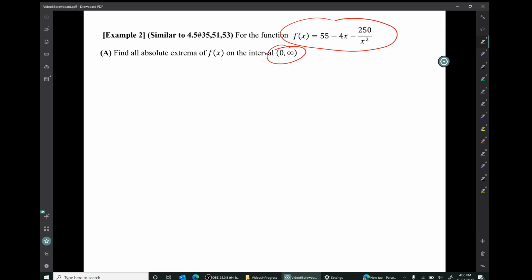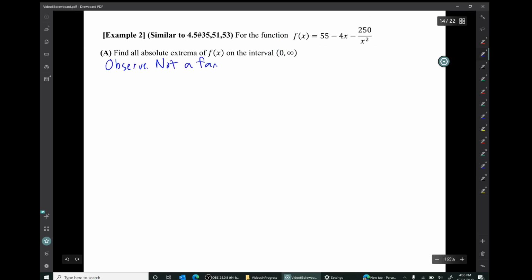So notice, this is not a familiar function, and it's not a closed interval. So that means that we are not guaranteed that there are going to be any absolute maxes or mins, and we can't reason in terms of the shape of the graph because we don't know the shape.